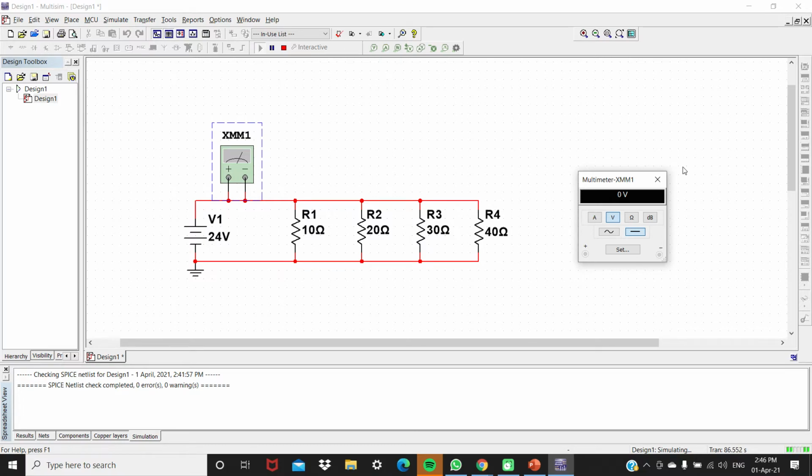Like water on top of a mountain is going to fall to the ground if you have certain height. If it's on the same height, it's not going to move. Just like the current.